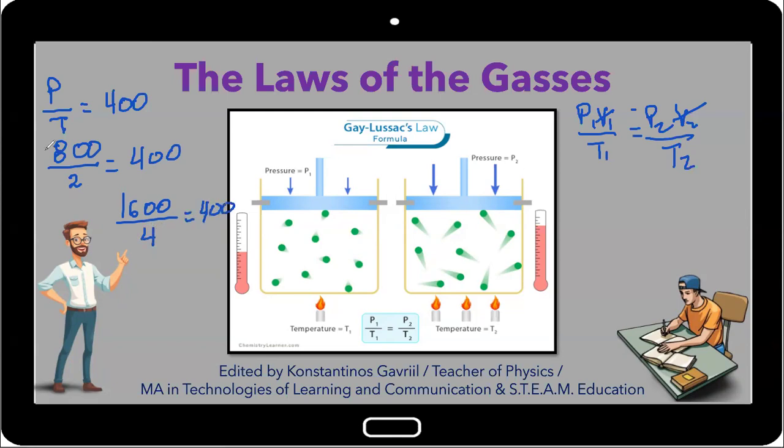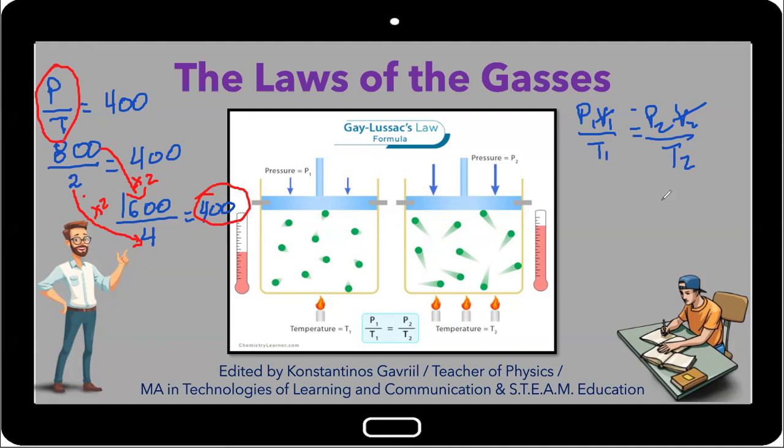You see here, what did I do? I have multiplied by 2 the numerator, so I have multiplied by 2 the denominator in order to get this constant value. So when we see a fraction, we need to remember that we have quantities that are proportional.